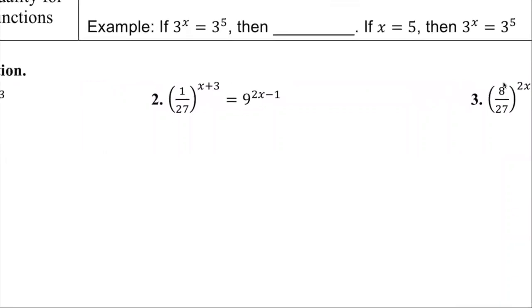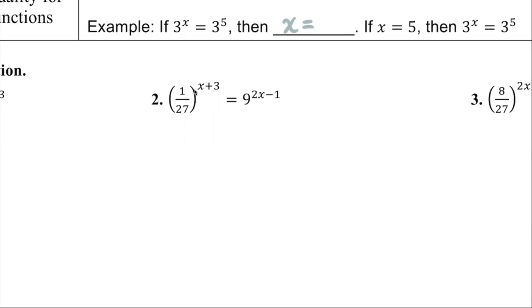So for example, if 3 to the x power is equal to 3 to the 5th power, then what do you think x is going to equal, guys? Logically, what would x then equal? Type it in the chat.